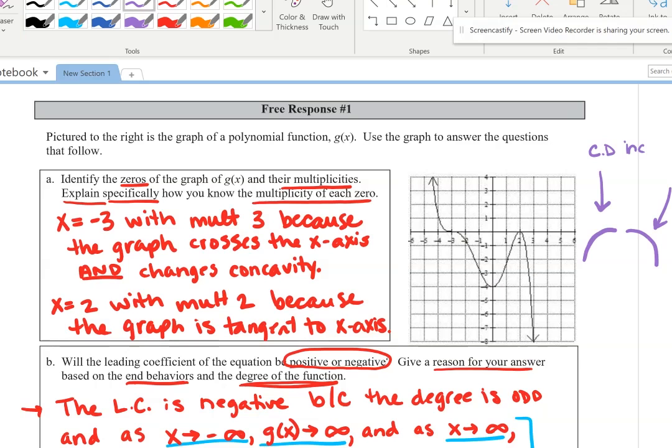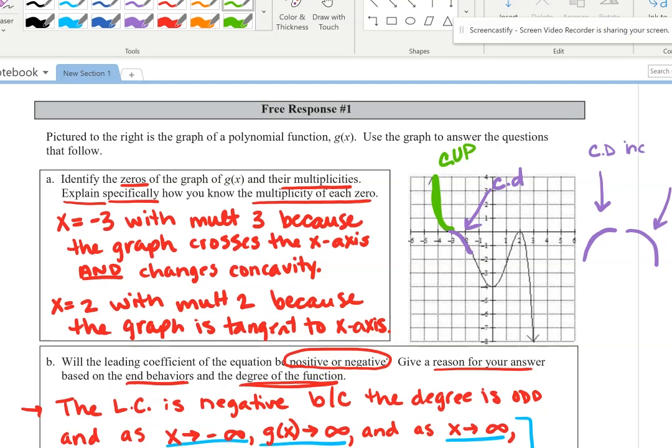So let's take a look. From here to here, this is concave up. Okay, concave up. It looks like the part of a cup. Remember that at the multiplicity of 3, it changes concavity, but only to the halfway point. So this part right here is going to be concave down.